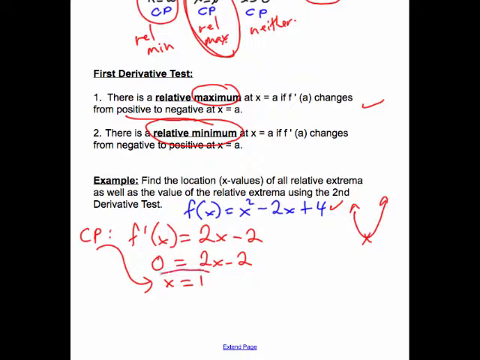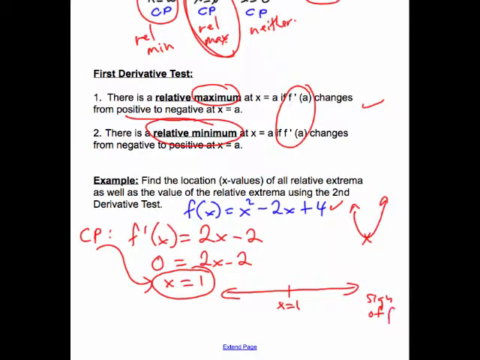So to decide if this critical point actually is a relative min, I'm going to apply the first derivative test, which means I am going to look on either side of x equals 1 to see whether the first derivative changes sign. So I'm going to look at the sign of the first derivative, and at the effect of that on the original function.